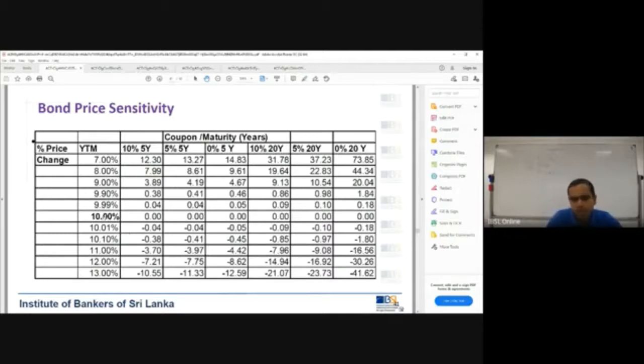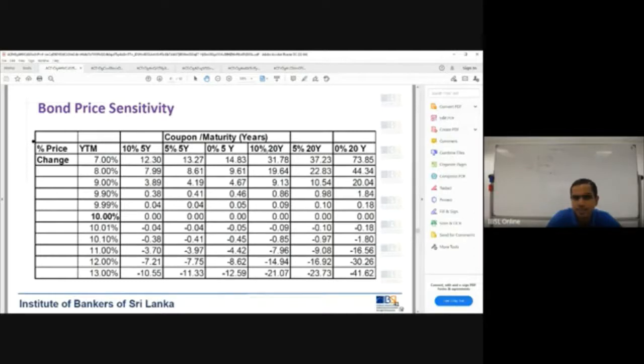But now just have a look at the 10% coupon 5-year and 20-year. We discussed initially that longer duration bonds will be more sensitive to interest rate changes. So for the 10% coupon bond at a yield of 10%, if the yield drops from 10 to 7%, the price changes by 12%.